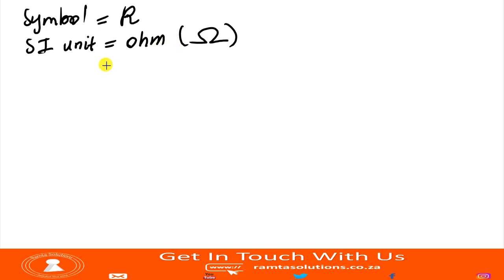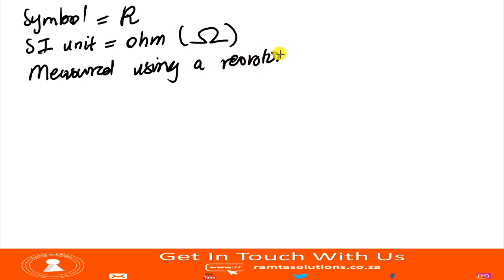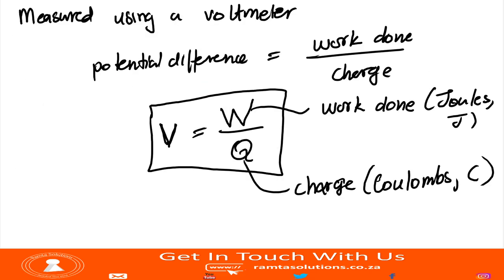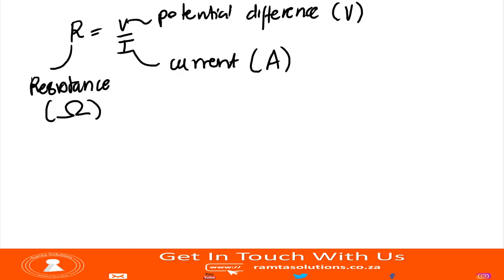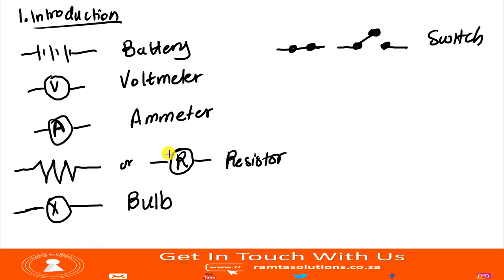It is measured using a resistor. In your circuit, it is represented in this way, or simply in this way. That is your resistor.